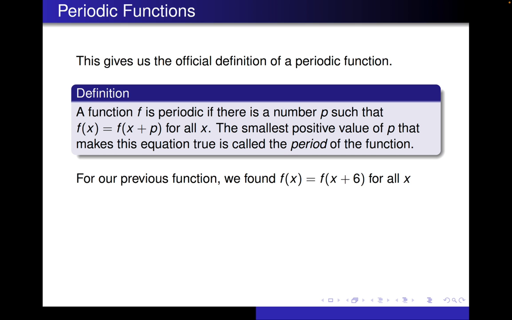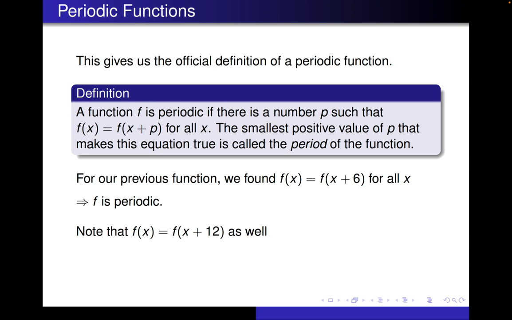And in our previous function, note that we had f of x equals f of x plus 6 for all x. So in this case, our p was 6. That tells us that f is periodic. But notice that 6 wasn't the only number that made this equation true. If we added 12 as well, we also got the same y value. In this case, we're starting on one bump, skipping a bump, and going to the next bump.